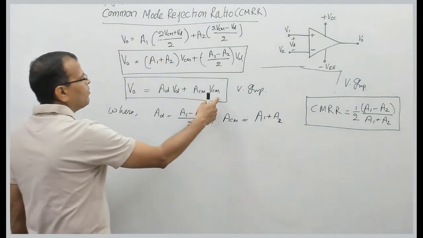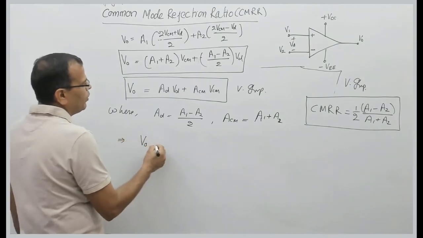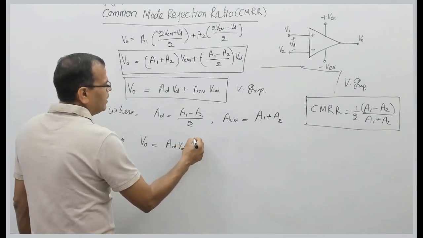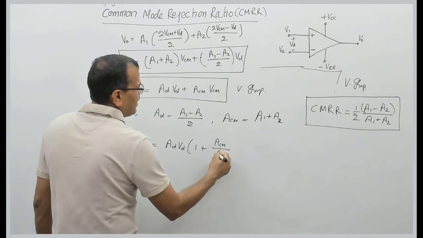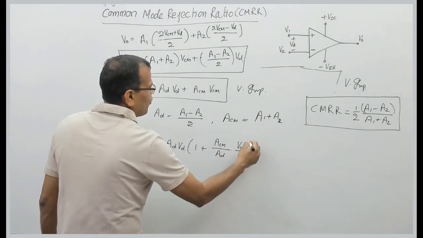Now you can modify this equation. See it carefully. I can modify this equation as well. V0 equal to, you can take AD Vd outside. So 1 plus (ACM by AD) into (VCM by Vd).